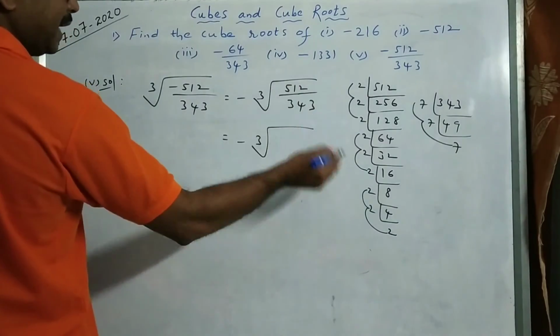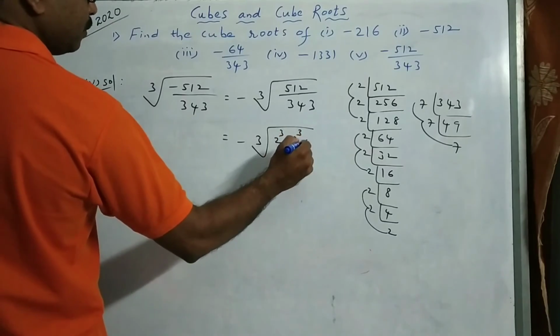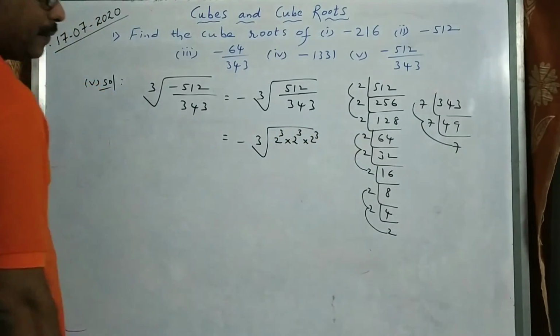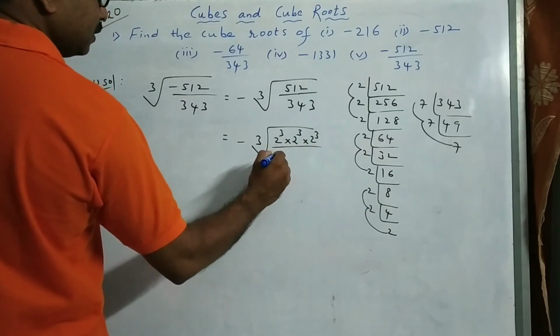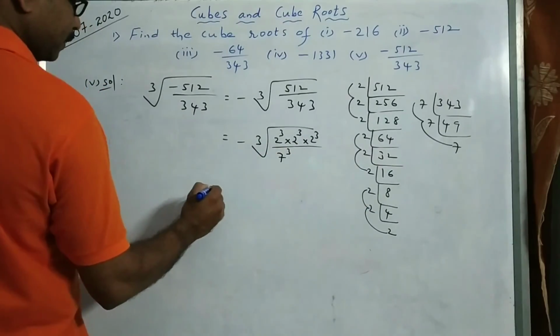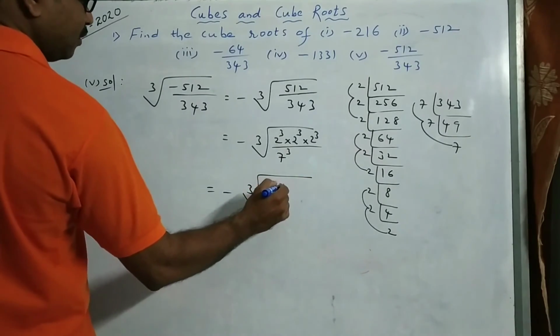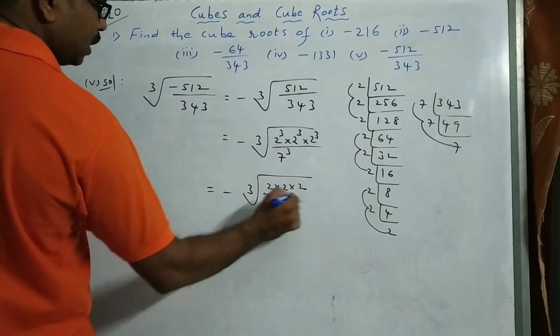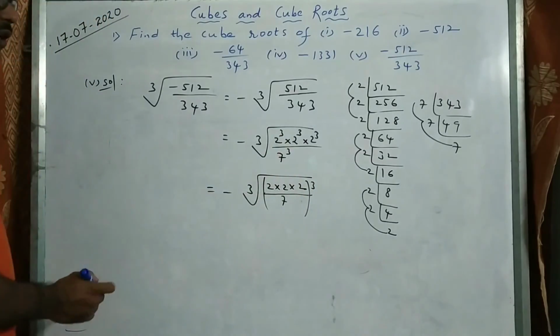Cube root of 512 can be written as 2 cube, 2 cube, 2 cube, right? 3 triplets, 1, 2, 3, upon 7 cube. Minus cube root of this I can write 2 into 2 into 2 upon 7 whole cube, because all are perfect cubes.